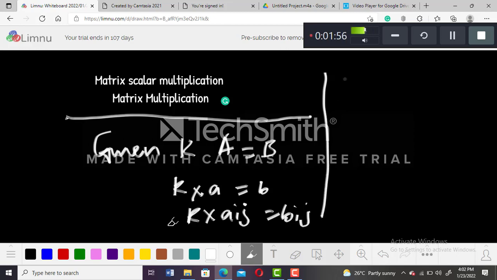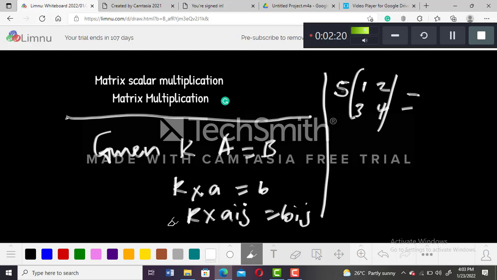And this is what we call matrix scalar multiplication. Let us take an example. Assuming that we have a certain scalar 5 and the matrix 1, 2, 3, and 4. This simply means that we need to multiply this matrix with the given scalar quantity.